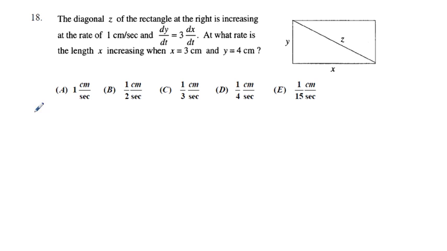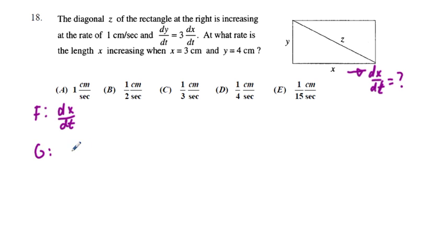Well, we're going to do the related rates setup. We're trying to find the rate at which x is increasing, so we'll call this dx/dt, and that's going to be our question mark. So we're going to find dx/dt. And given, what are we given?